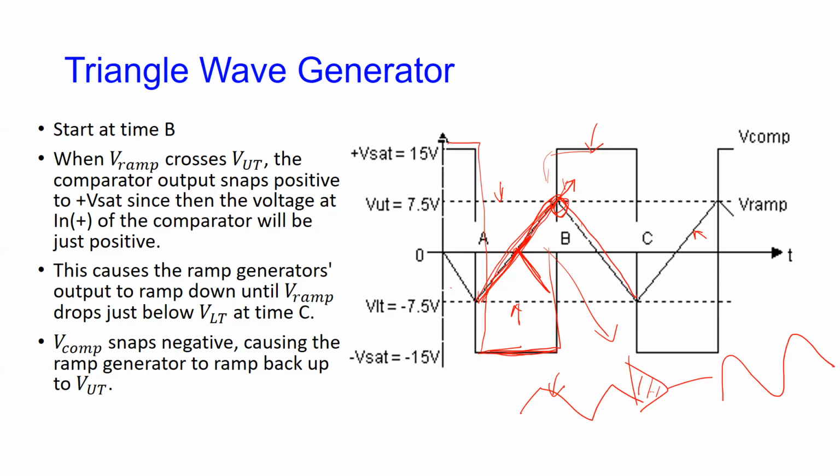As soon as that triangle wave crosses this threshold, which is the input of the comparator now, then this voltage here, the output, remember, it's a comparator, snaps or suddenly jumps from negative to positive.